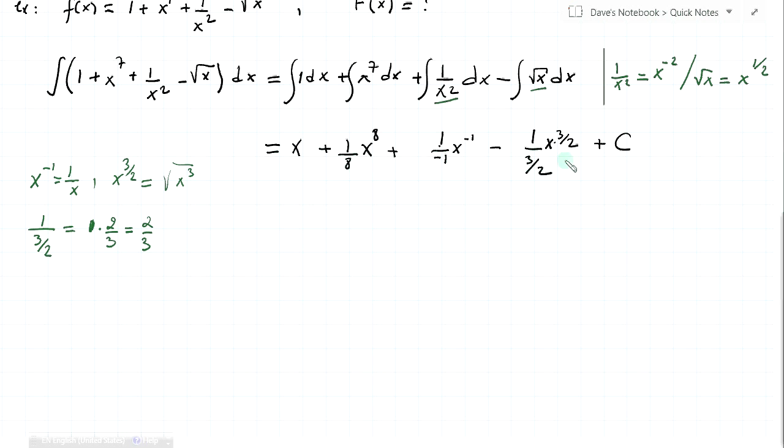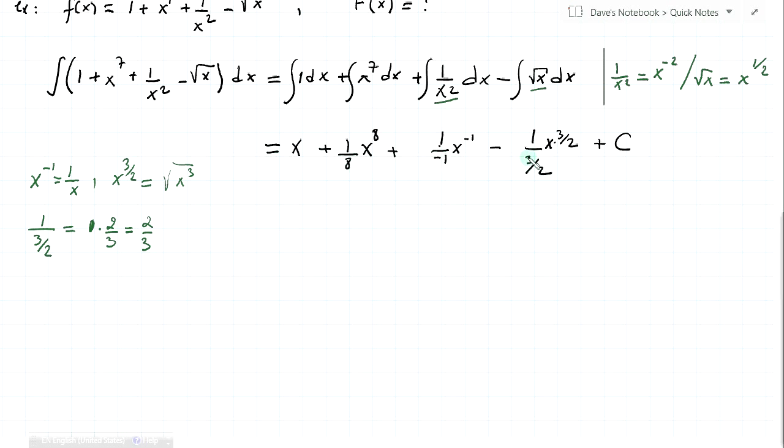Here we have 1 divided by minus 1, and a plus sign in front. So plus times minus gives you minus.